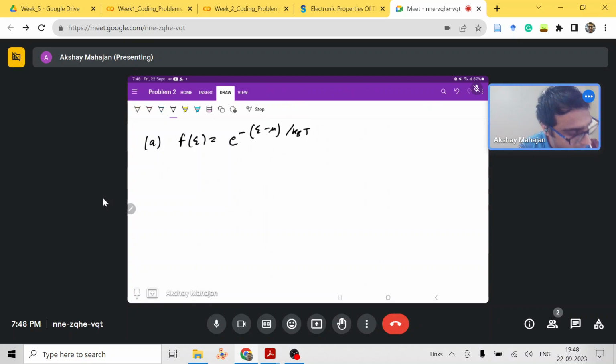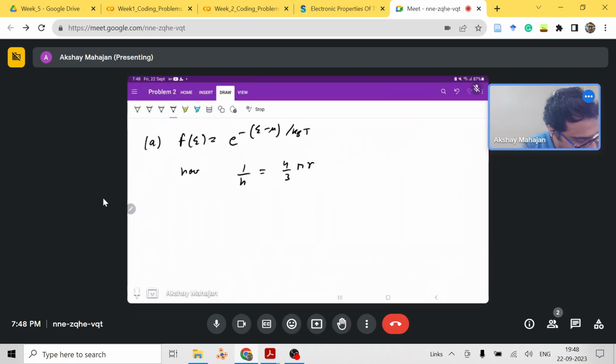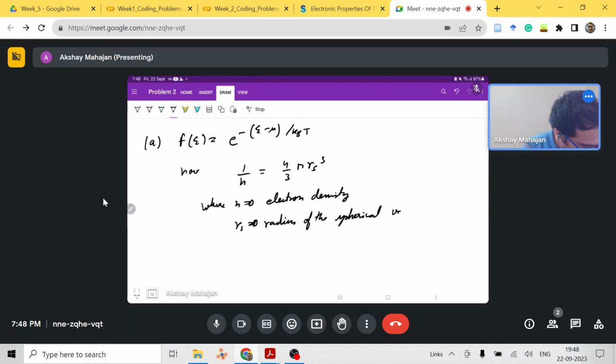Alright, now we know that 1 by n, where n is our number of electrons per unit volume, is equal to 4 by 3 pi rs cubed, where n is our electron density and this rs is the radius of the spherical volume occupied by a single electron.